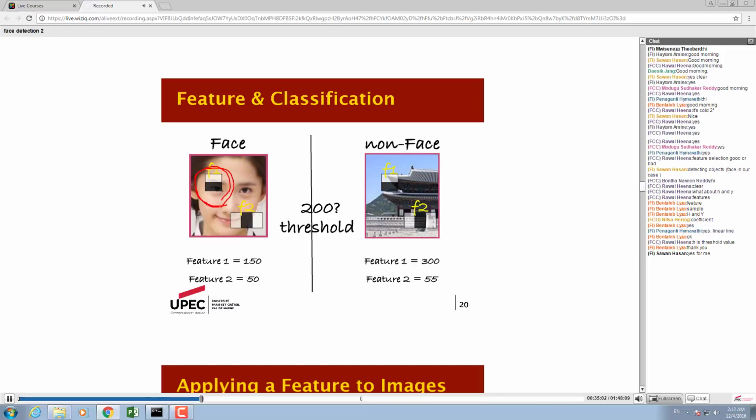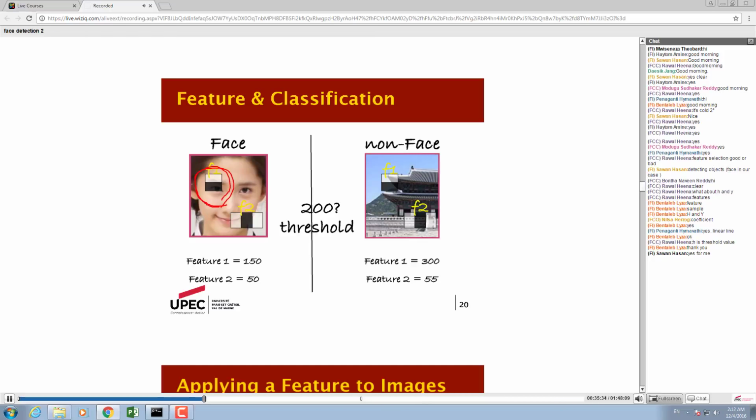So in case of F1, for the face image, I apply F1. Then the F1 feature will return the Haar-like feature value. It means one single scalar value, a kind of subtraction using the integral image, right? I believe you know the concept, right? So F1 will give us one value at this position of this face image.